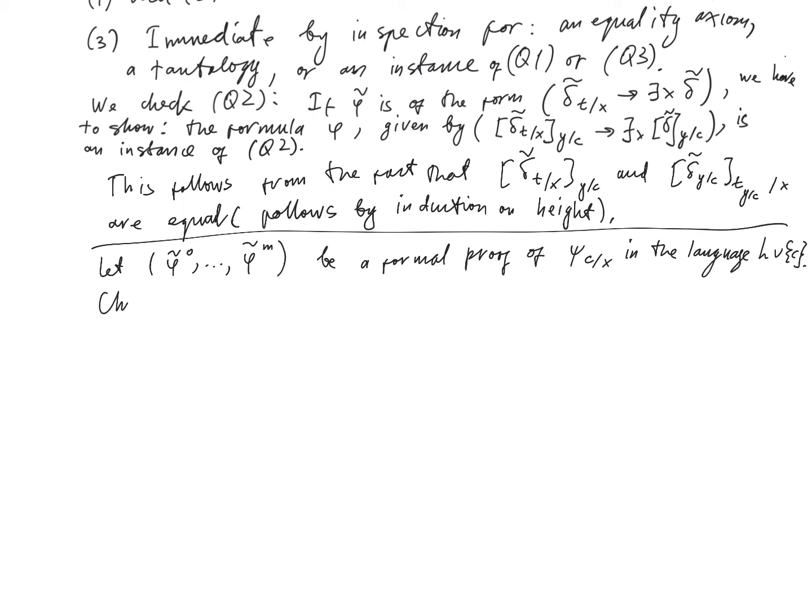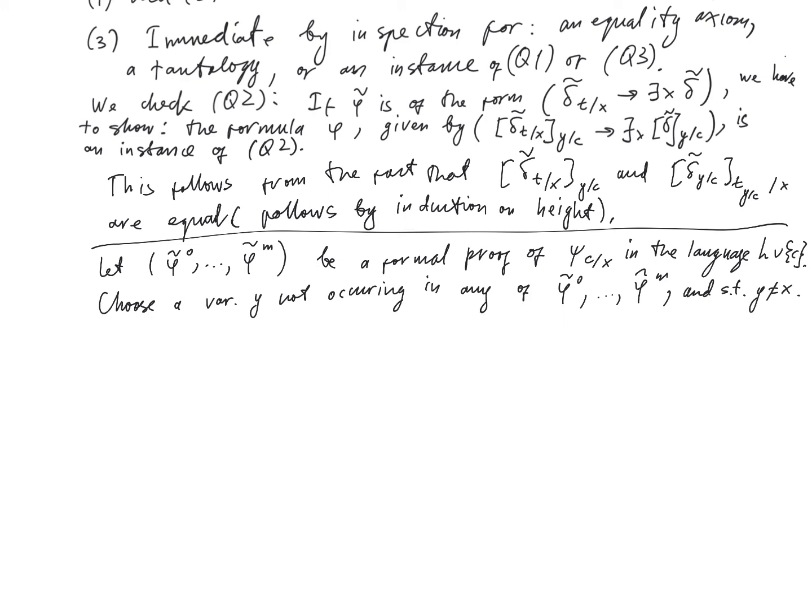Then we choose a variable y not occurring in any of these formulas, so in any of phi tilde 0 through phi tilde m, and also such that y is not equal to x.